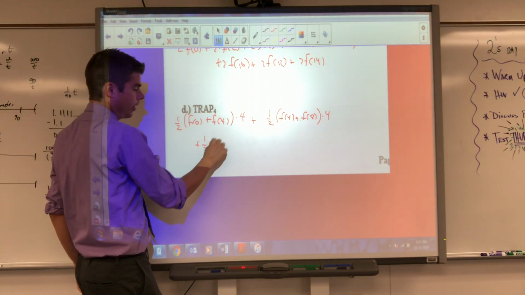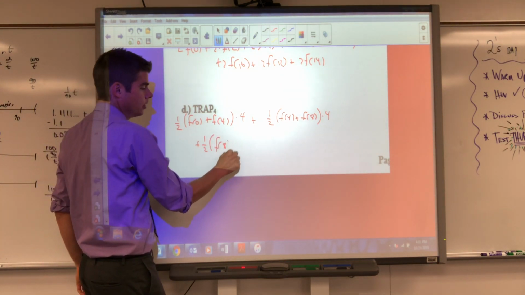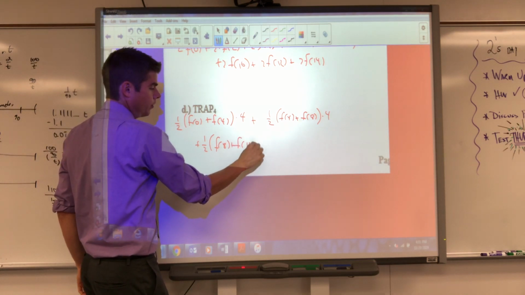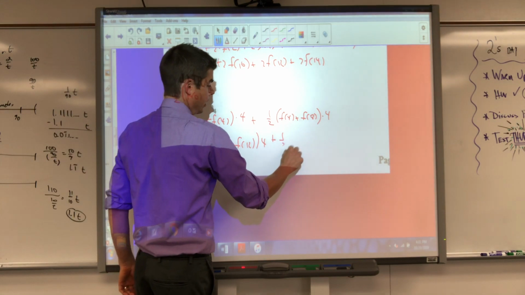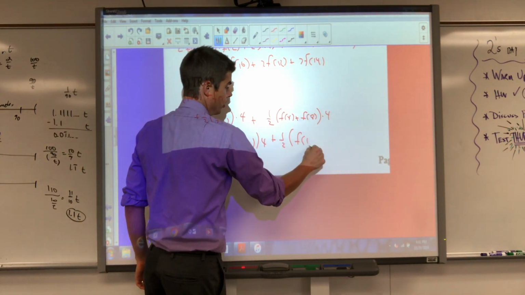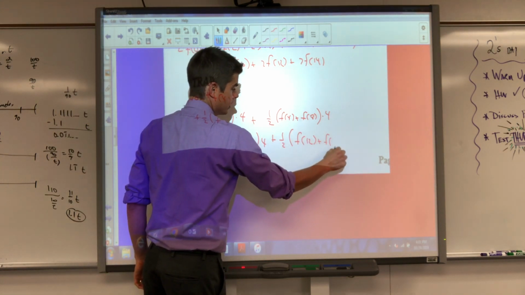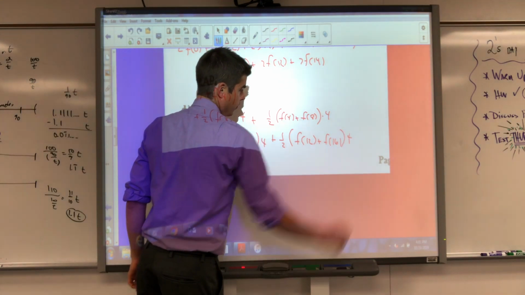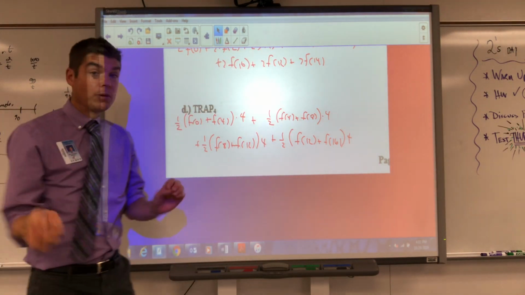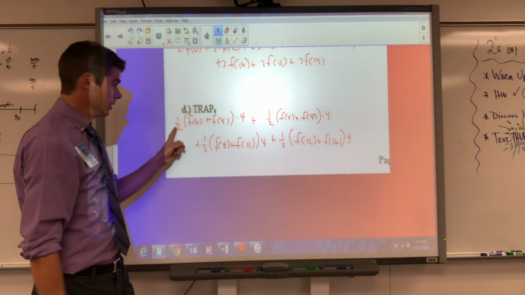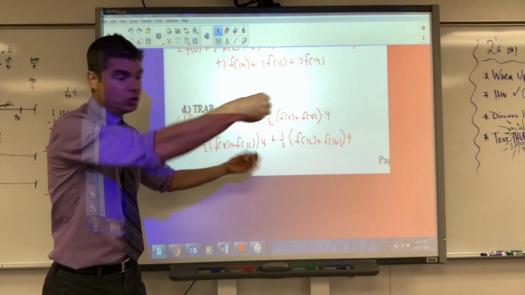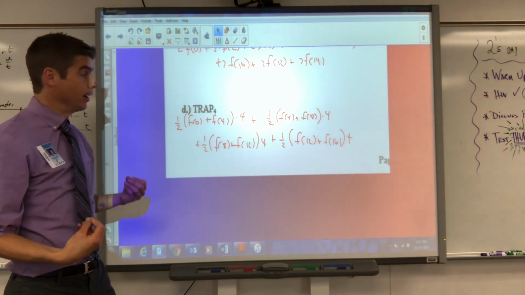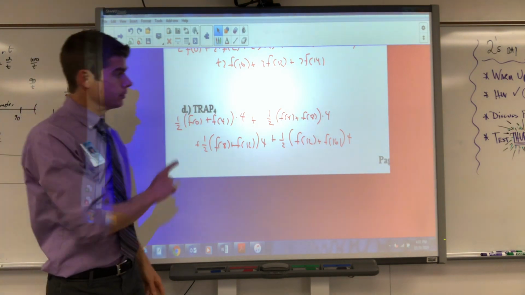Plus 1/2 f of 8 plus f of 12 times 4, plus 1/2 f of 12 plus f of 16 times 4. And again, when there's equal spacing, like this 1/2 and this 4 is always going to be a 2, 2, 2, 2. You can easily factor that out. Okay, so that's that video.